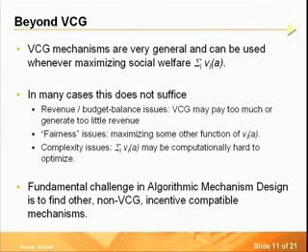Many other times, we want to maximize other things, not just the sum of utilities, usually some kind of fairness condition, in the sense that we don't want any single person or bidder to be in a really bad situation, to have a very low value.